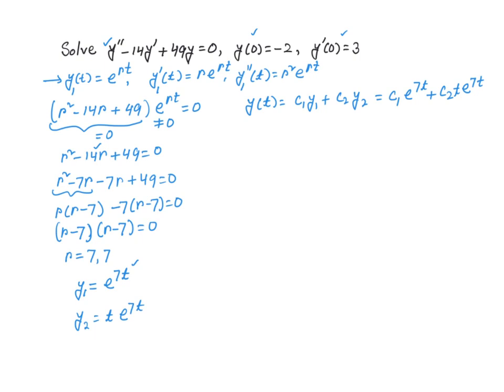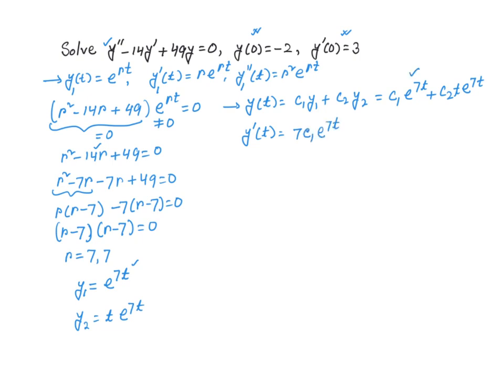Why is that the case? If you'd like to know, I have made another video on this. Please watch that. That's where I go over the theory. Now, this is my y of t. I will be using the conditions shortly, but I need to find y prime, which is pretty straightforward. y prime of t is going to be equal to 7c1 e to the power 7t.